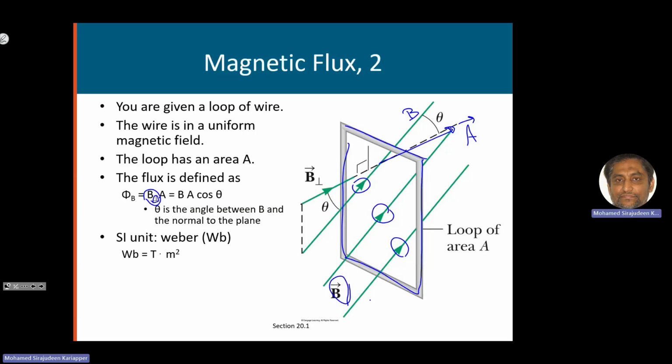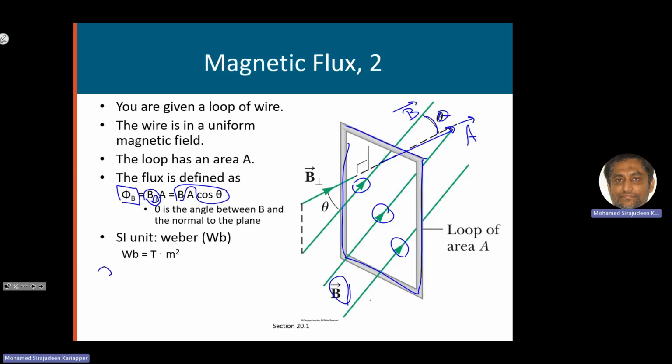The angle between these two vectors, say that angle is theta, then the component parallel to the area A will be B cosine theta. So that's how we define the magnetic flux.